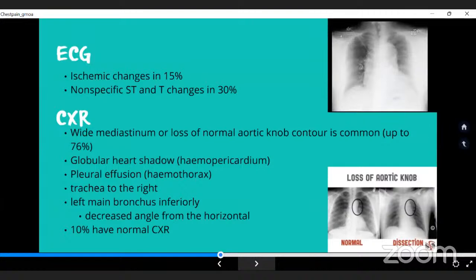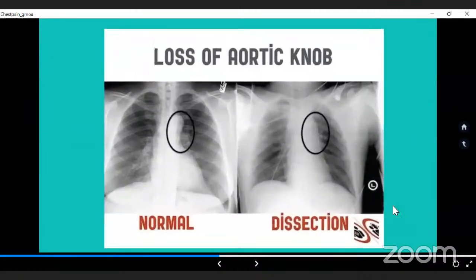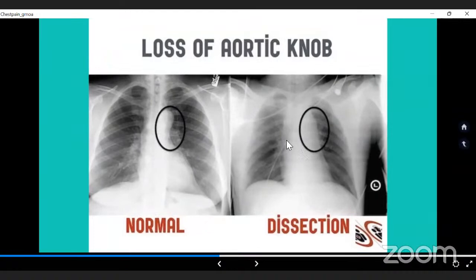Mainly what we say in our practice is wide mediastinum, loss of normal aortic knob contour, globular heart, pleural effusion, trachea shifted to the right, left main bronchus shifted inferiorly, and sometimes they can have normal chest X-rays as well. I think this is one example. You can see wide mediastinum with loss of aortic knob.